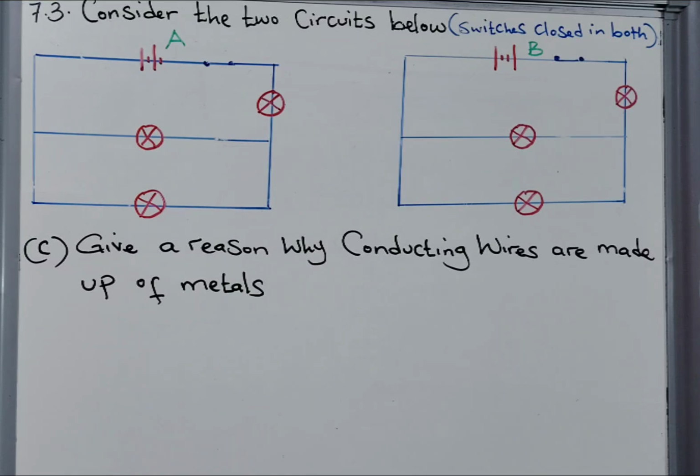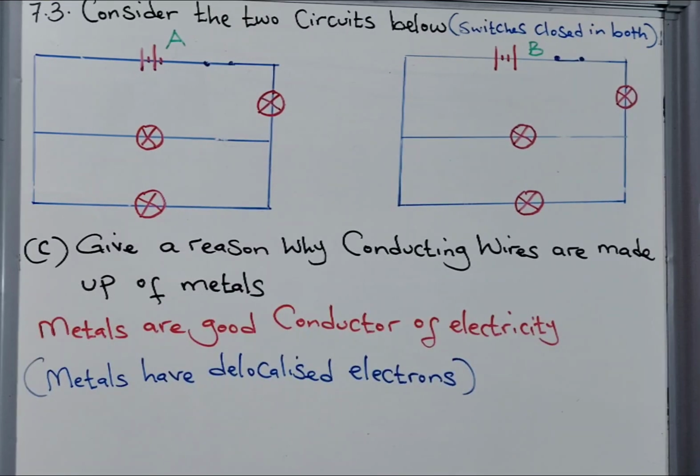The answer is that metals are good conductors of electricity. Like we saw previously, metals have what we call delocalized electrons, and delocalized electrons are responsible for conduction of electricity.